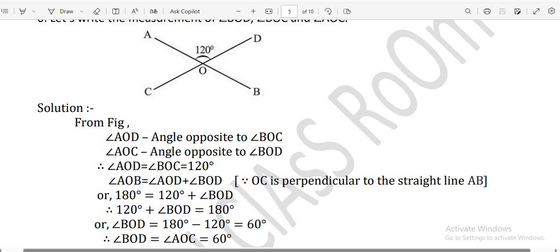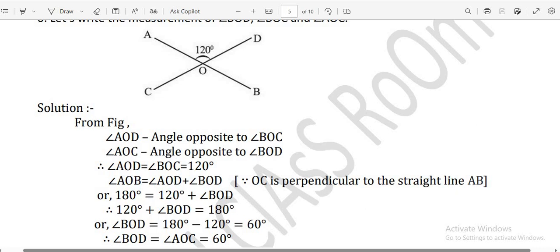From the figure, angle AOD is equal to 120 degrees. We know angle AOB is equal to angle AOD plus angle BOD, and OC is perpendicular to the straight line AB. So 180 degrees is equal to 120 degrees plus angle BOD.